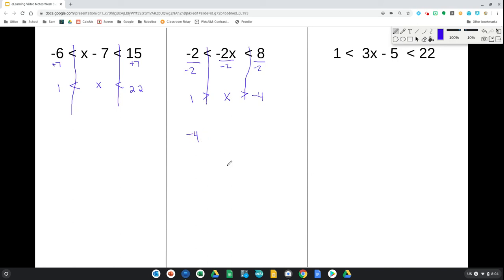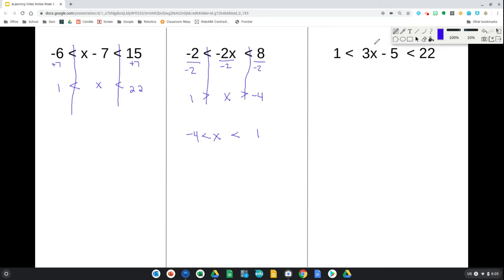So we would probably rewrite this inequality with the -4 on this side and the 1 on this side. And then, of course, we want the inequality sign still to mean the same thing. So we want the x to be bigger than the -4. So that inequality sign needs to look like this. And so that gets it back in the right order with x in between -4 and +1.